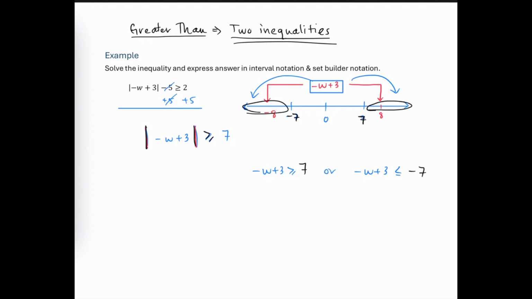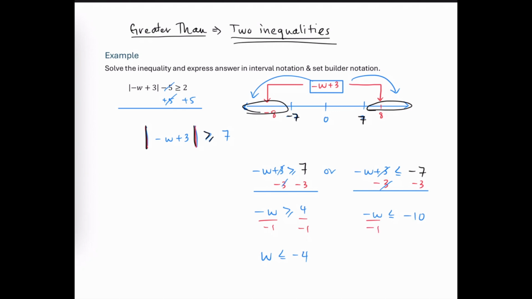And now we have two inequalities that we can solve individually, so we'll subtract 3 from both sides here, and we get negative w is greater than or equal to 4. When we divide both sides by a negative quantity, again, that's going to reverse the direction of the inequality, and we have w less than or equal to negative 4. To solve the second inequality, we're going to subtract 3 from both sides to get negative w is less than or equal to negative 10.